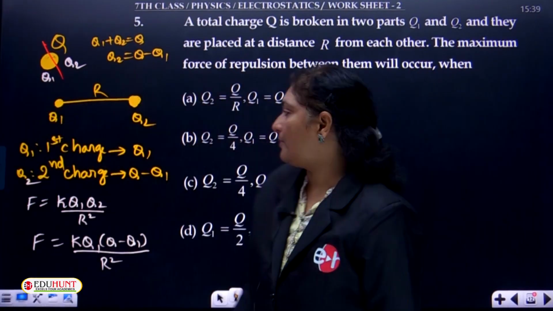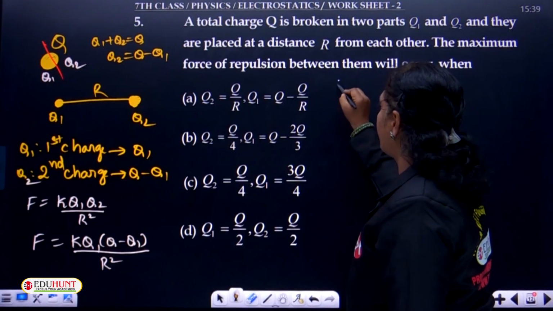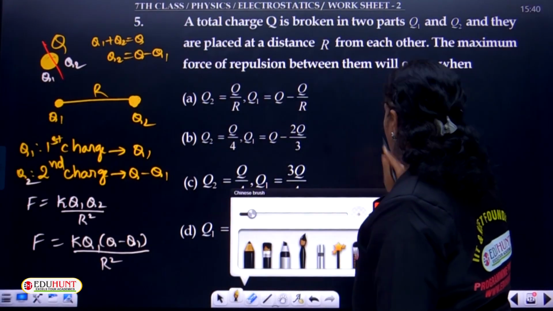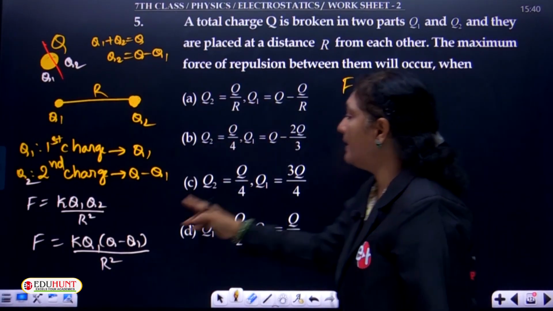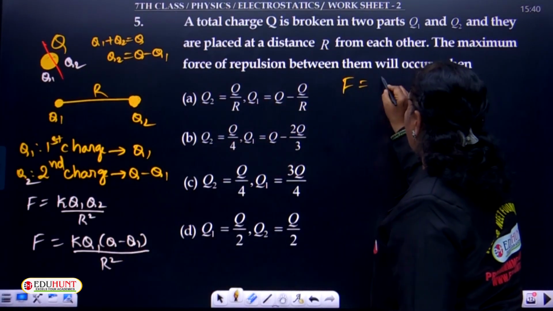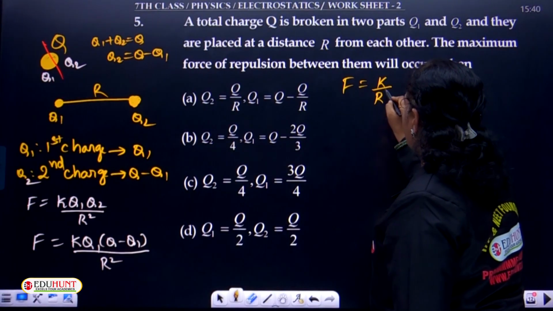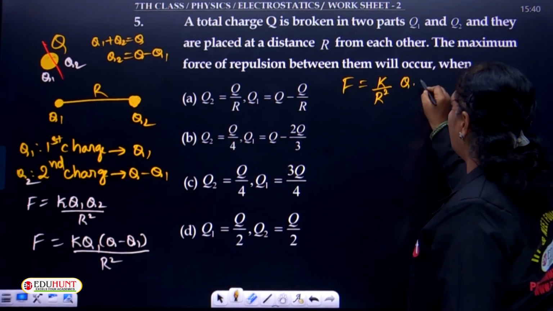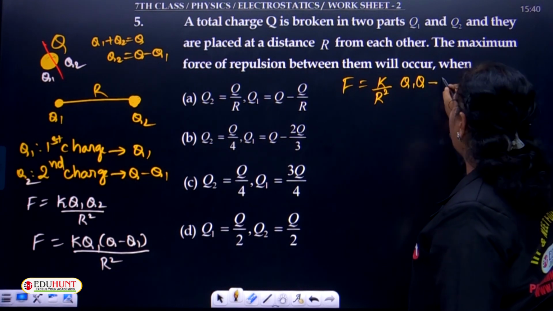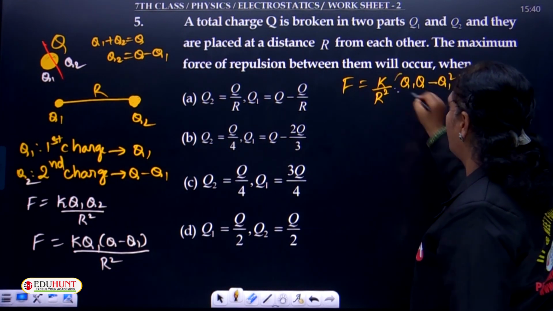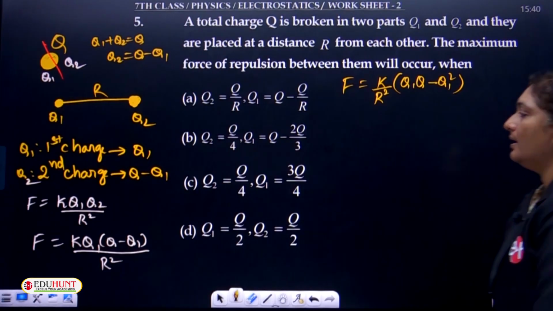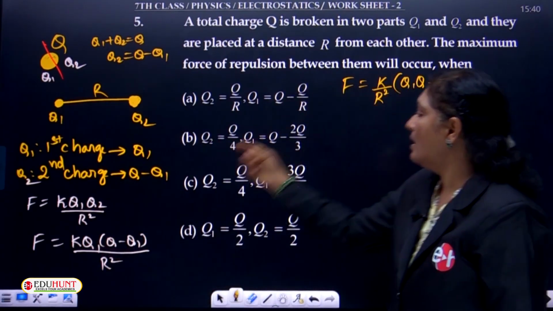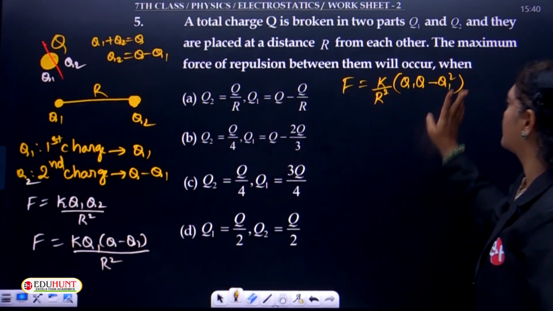Simplifying this further, K is constant, the distance of separation is also constant, so the value of F is found to be K by R square into Q1 into (Q minus Q1).